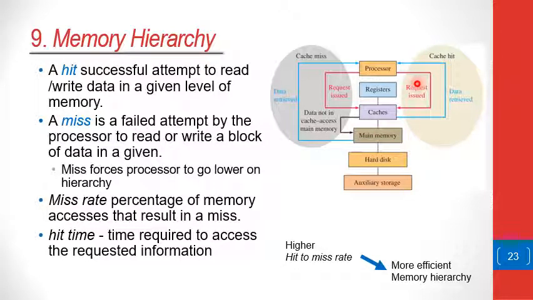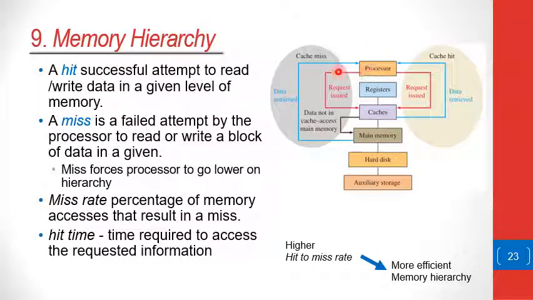On the right hand side, the processor attempts to access a request in the cache, and if it finds that the data has been loaded into the cache, that data is retrieved. This transaction of requesting the data from a certain hierarchy level and finding it is called a hit. So we say the processor has got a hit.